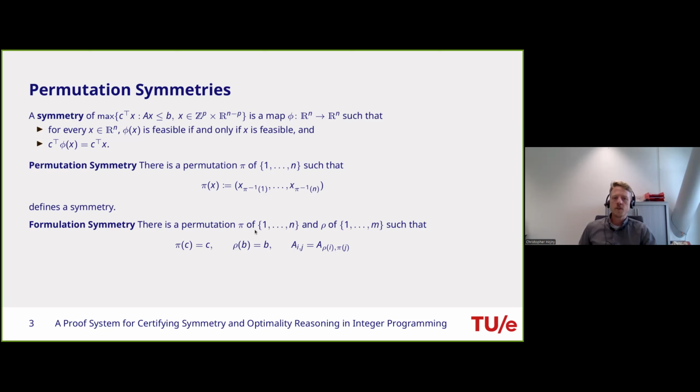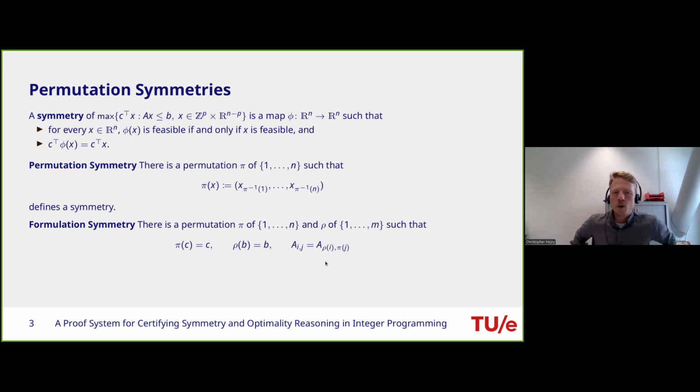So this means we are again dealing with a permutation pi of the variable indices, but now we also need a permutation rho of the row index set 1 to m. We say that such a permutation pi is a formulation symmetry if it keeps the objective coefficient vector c invariant, and there must exist a permutation of the rows such that the row permutation keeps the right-hand side vector invariant.